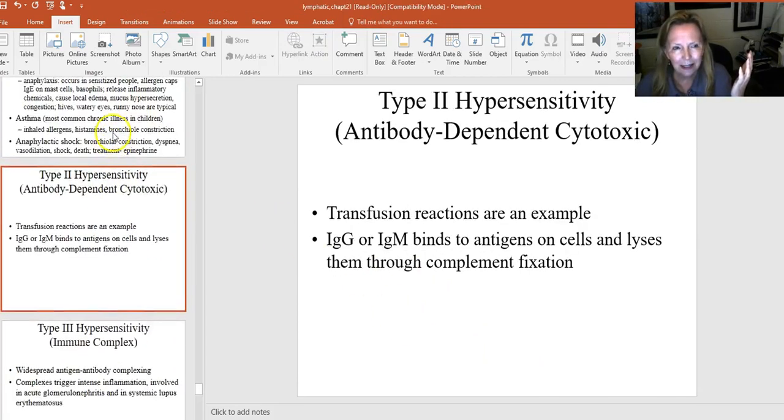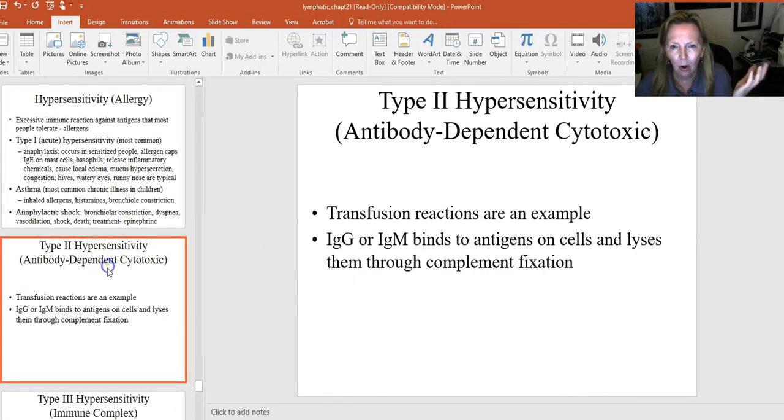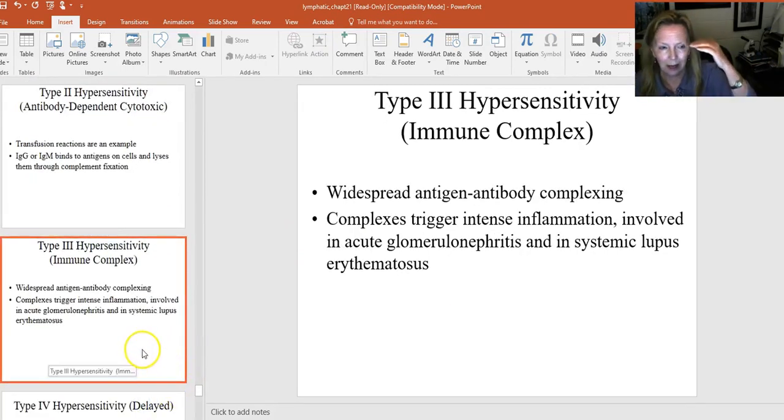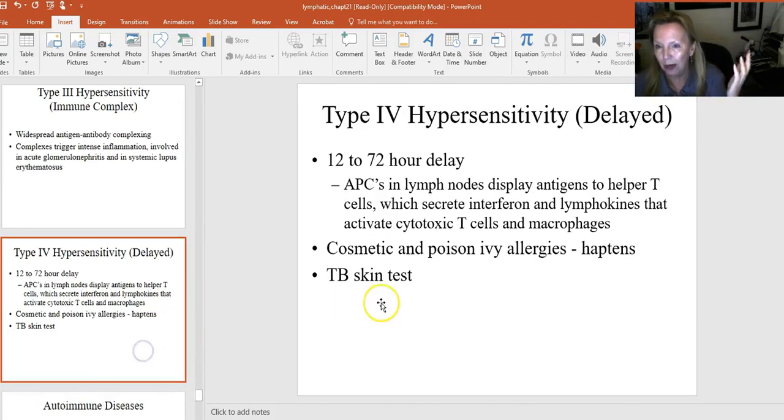So these four classes are all related to your immune system being too much. And actually, we do know about them, and we do know it can actually happen. So we look for them. We look for these types of things to be happening. There's also delayed hypersensitivities that can happen. This is like poison ivy, poison oak.